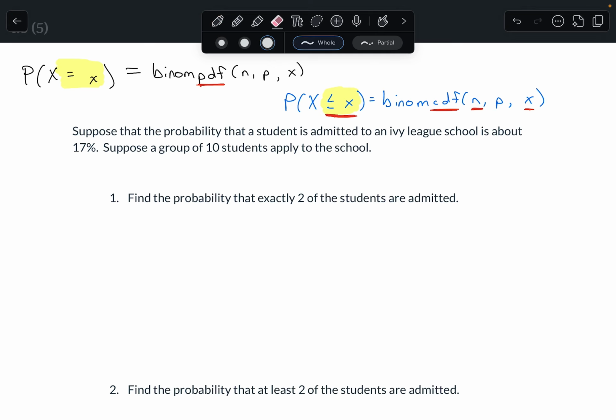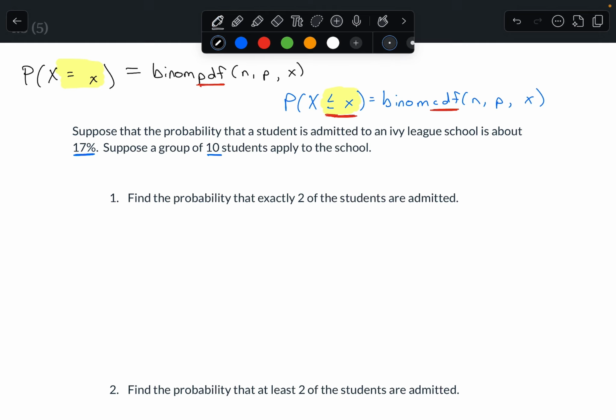So let's continue on. We're going to look at the same example we were working with at the end of the last video. It says, suppose that the probability that a student is admitted to an Ivy League school is about 17%. Suppose a group of 10 students apply to the school. The first thing I want to do in all of these problems is decide how many trials I'm running, what the probability of success is, and what a success is.